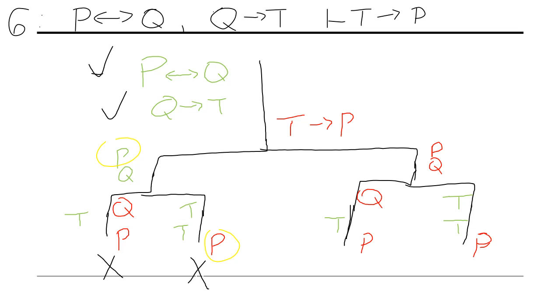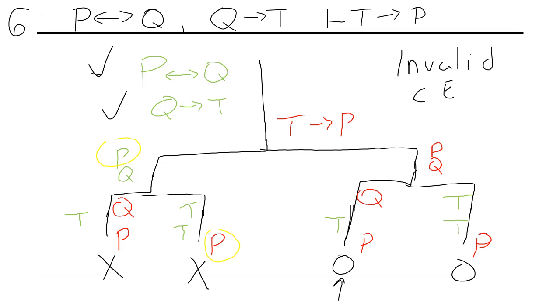Looking over here, we don't have anything that's going to cancel. So that will be open. This one looks like it's going to be open. P, T, Q, P. Yep. So, since we have open branches, it's going to be invalid. And since it's invalid, we need to list a counterexample.